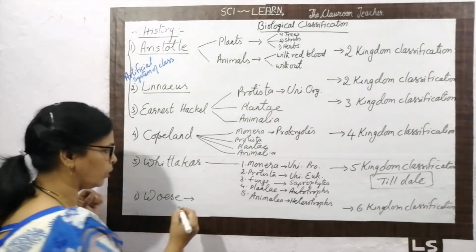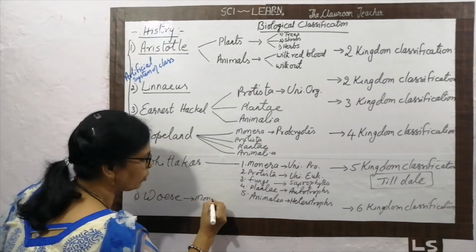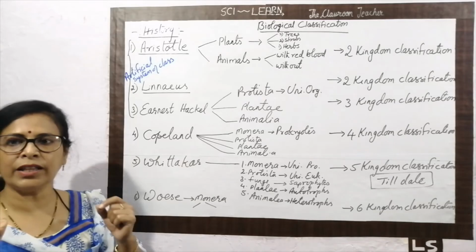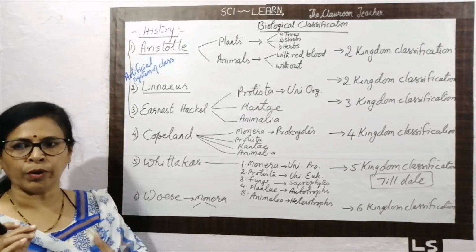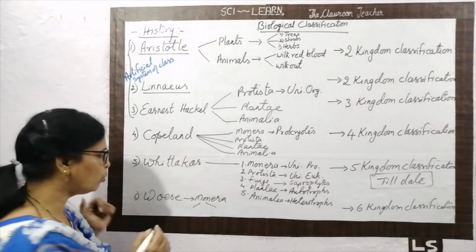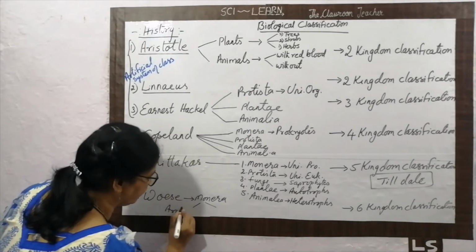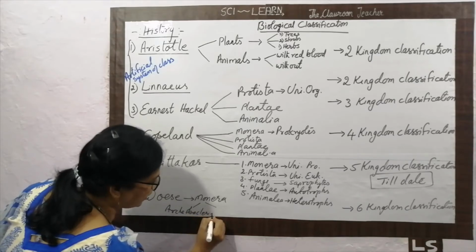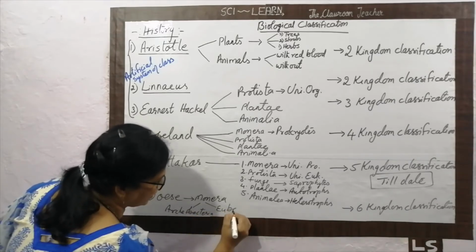Actually the group Monera is classified into two parts. He classified the Monera into two groups. One is called the Archaeobacteria and the second is called the Eubacteria.